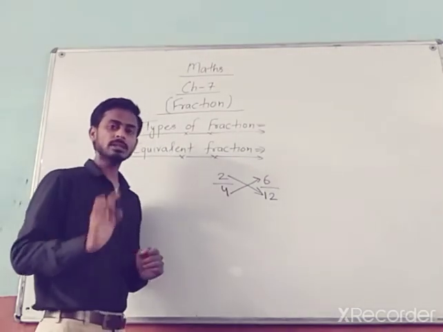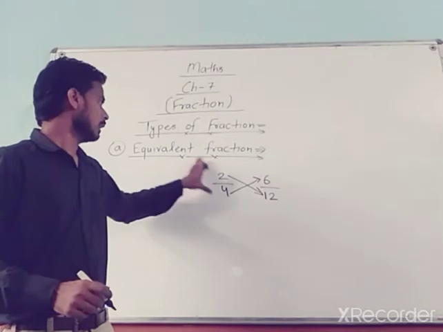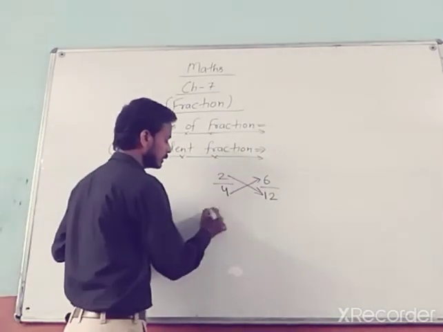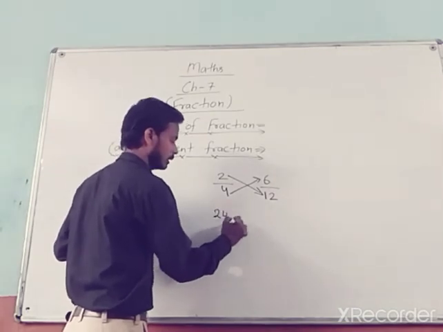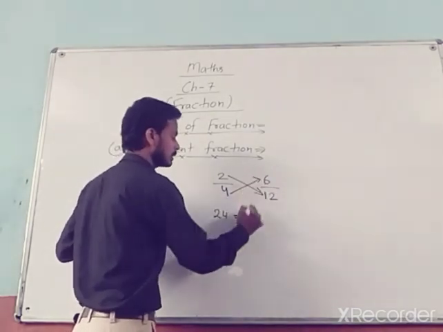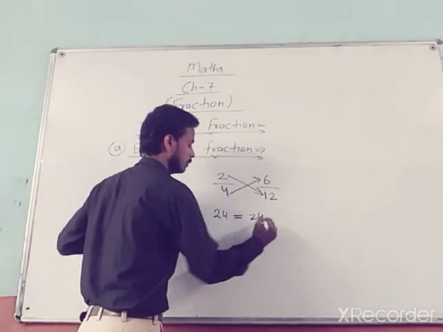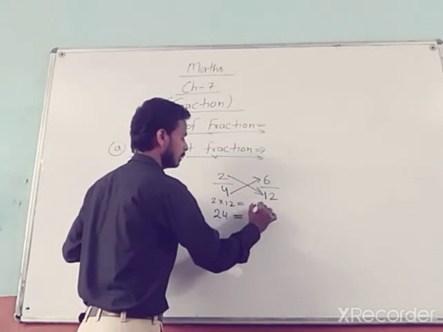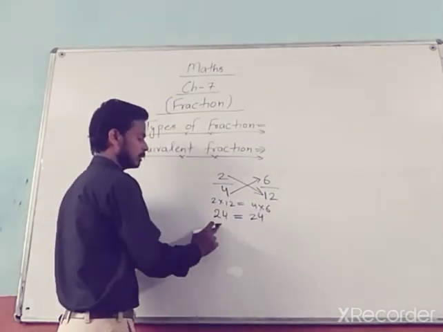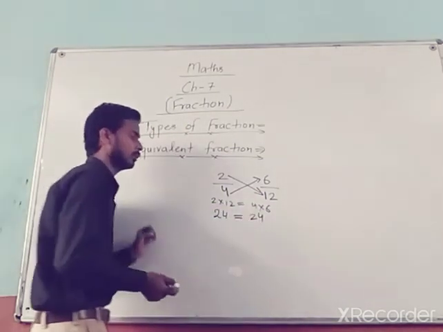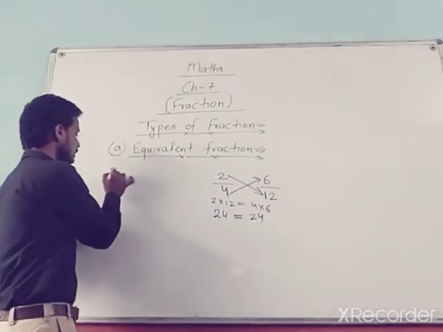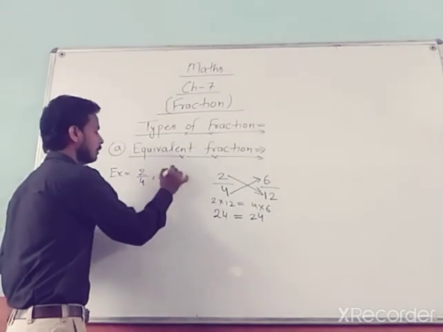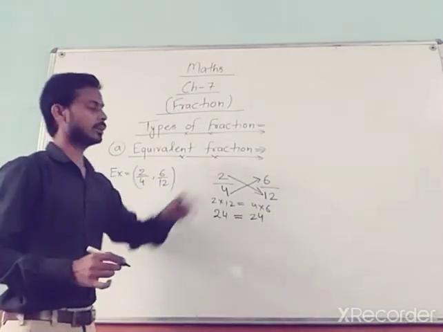If both are same, then it is equivalent fraction. Clear? See, 12 2s are 24 is equal to 6 4s are 24. 2 multiplied by 12 is equal to 4 multiplied by 6. Both are same, it means 2 by 4 and 6 by 12 is an example of equivalent fraction.